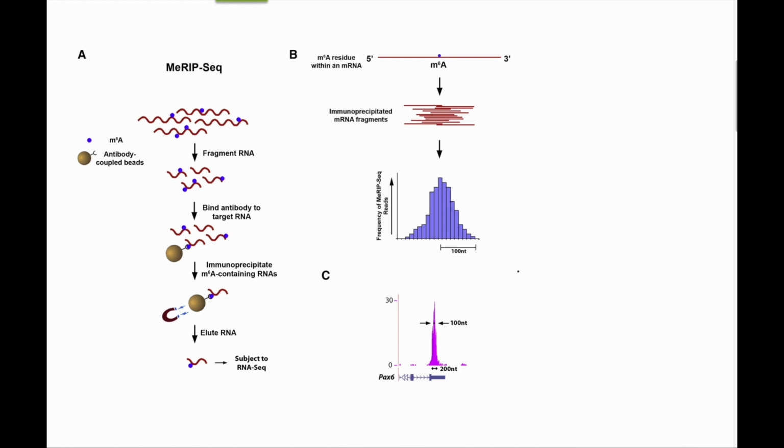The second strategy, which is not shown on the screen, would rely on endonucleases or protein-based digestion methods that would specifically identify these m6A sites, digest or modify them in a certain way that could be followed up by short-read sequencing and detection.